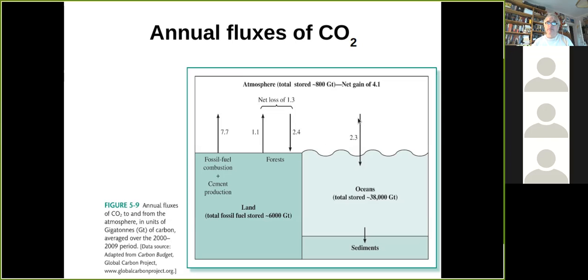And also carbon dioxide dissolves in the water in oceans. Compared to the 7.7 plus 1, that's 8.8. So there is more added than deposited. So perhaps this total amount of 800 billion tons of carbon dioxide in the atmosphere increases slowly, something like 4 billion tons every year.